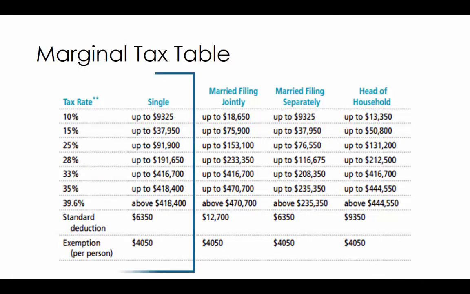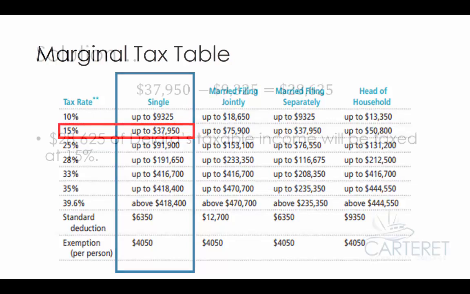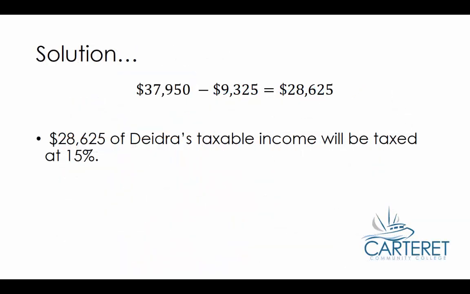Next, we must figure out how much Deidre owes in the 15% tax bracket. Here's where we need to be careful. The first $9,325 has already been taxed at 10%. We need to figure out how much of Deidre's taxable income is going to be taxed at 15%. $37,950 minus $9,325 leaves us with $28,625 of Deidre's taxable income to be taxed at 15%.